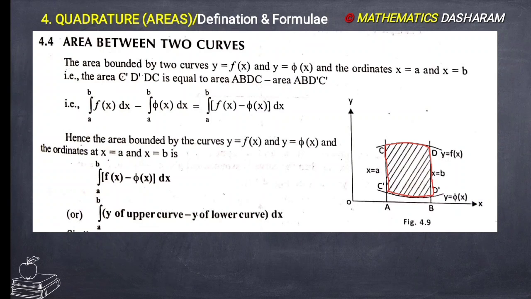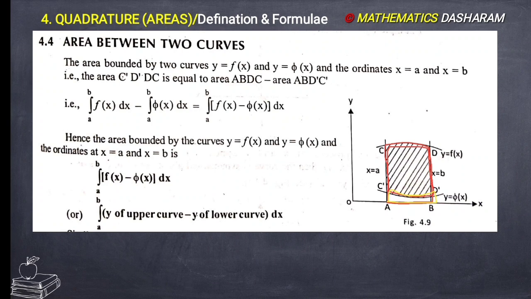To find this area, from the area of ABDC we remove the area of ABD'C', and then we get the shaded area.